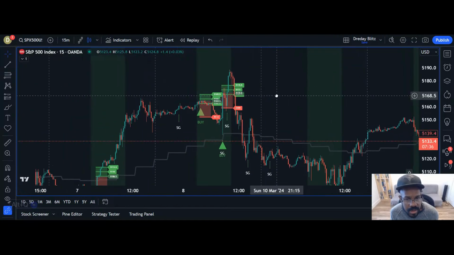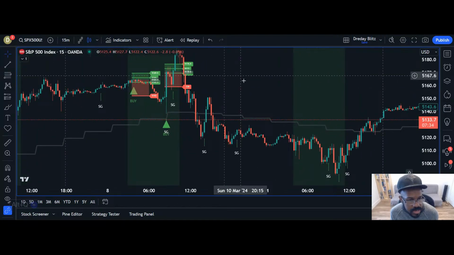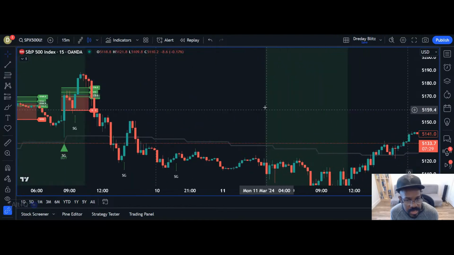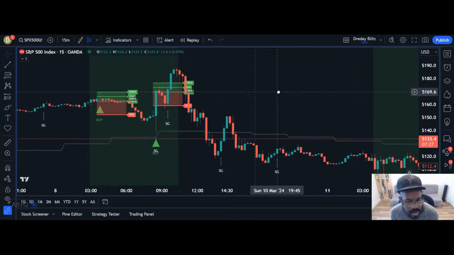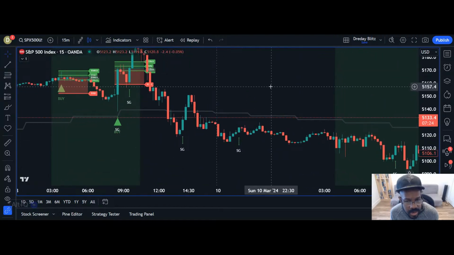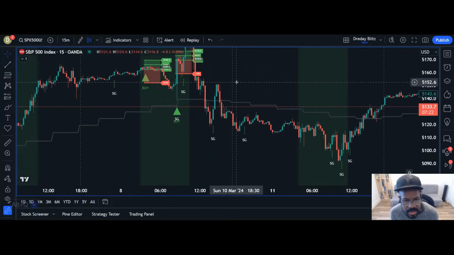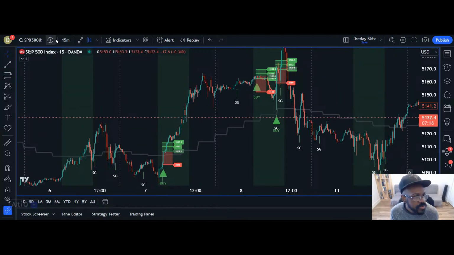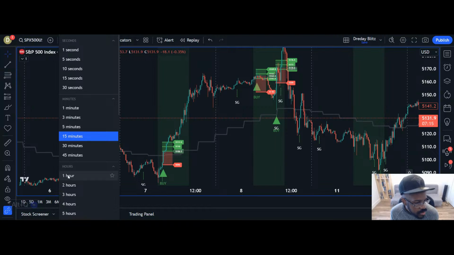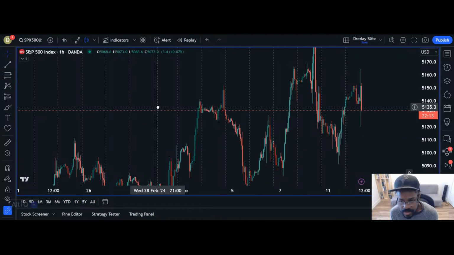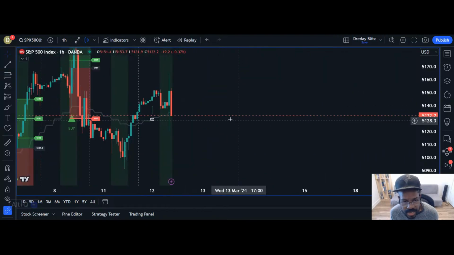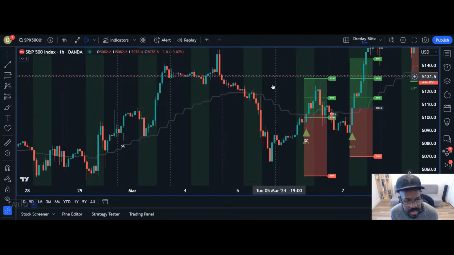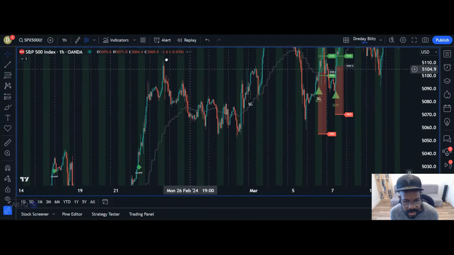S&P 500 going bearish here since... no, it's still bullish here. Sorry about that. It's still bullish overall. If we go on the 1-hour, you can see that it didn't switch red since way back.